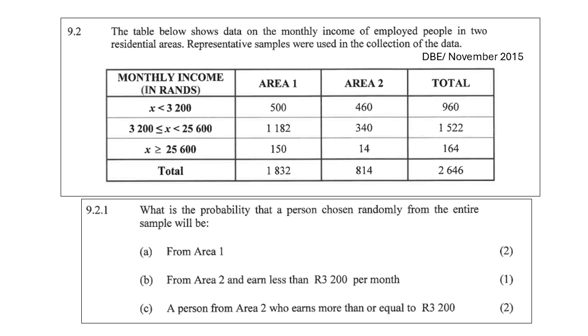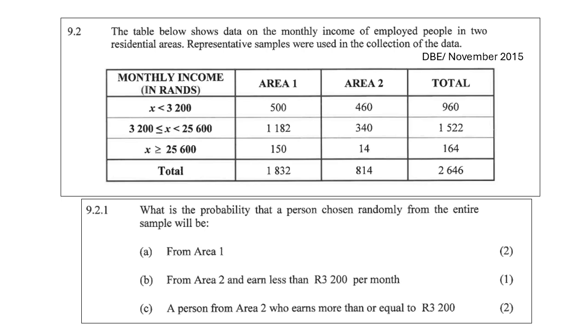If we look at the second column, we have the data for Area 1. There are 500 people who earn less than 3,200 rand, 1,182 people who earn 3,200 rand or more but less than 25,600 rand, and 150 people who earn 25,600 rand or more. The total number of people in this area is 1,832.